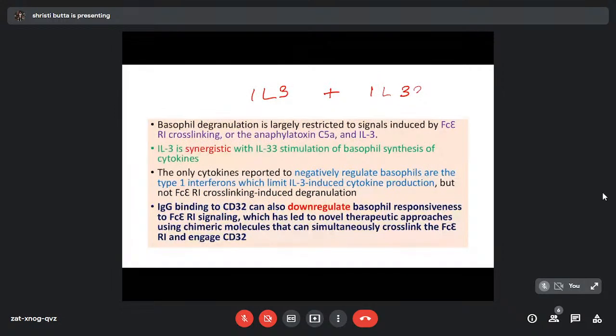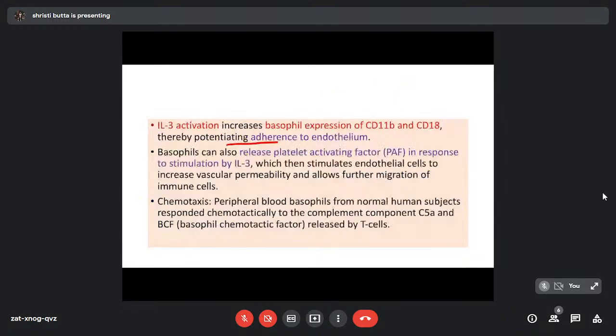Now, IL-3 activation increases basophil expression of CD11b and 18, and that potentiates its adherence to the endothelium. So it adheres to the endothelium and subsequently is released. Basophils can also release platelet activating factors in response to stimulation by IL-3. So IL-3 is typically important for basophils.